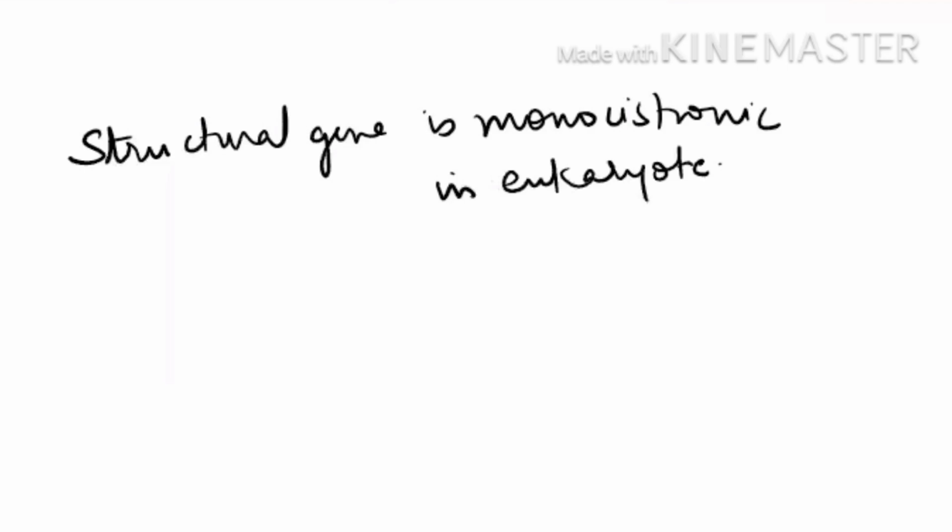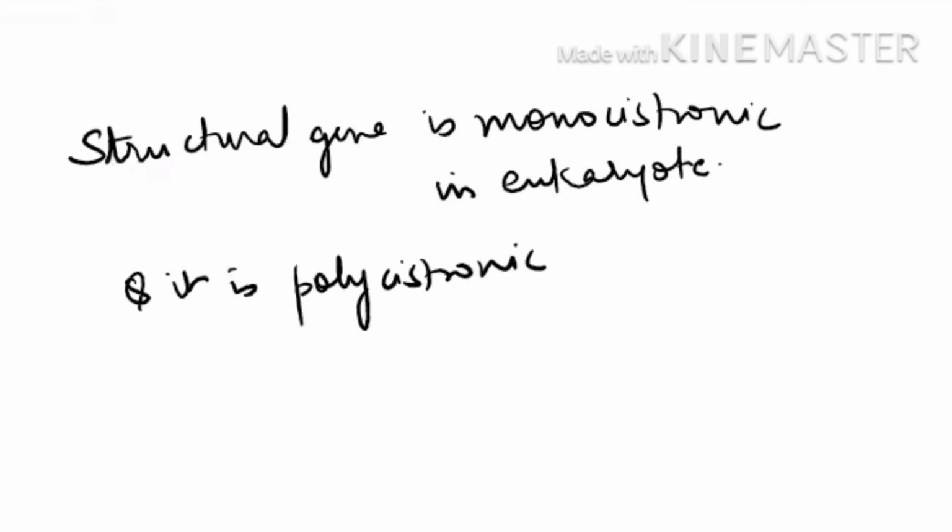Now see, structural gene which was transcribed is monocistronic in eukaryotes and it is polycistronic in prokaryote. So you should know this term, what is monocistronic and what is polycistronic.